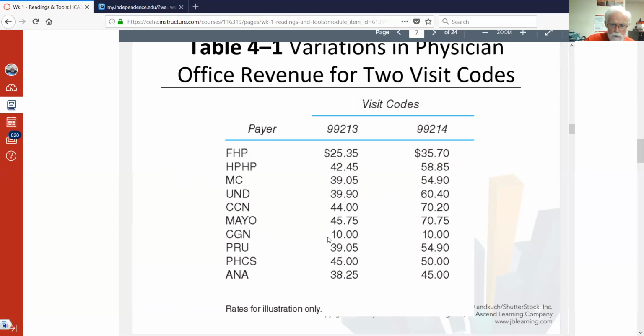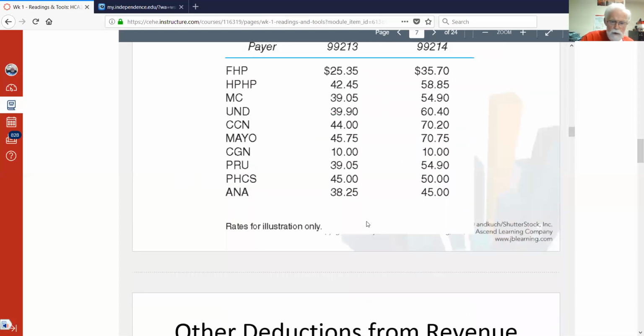It runs from $10 to $45.75, and this other code runs from, again, $10 to $70.75. So it does range a lot.